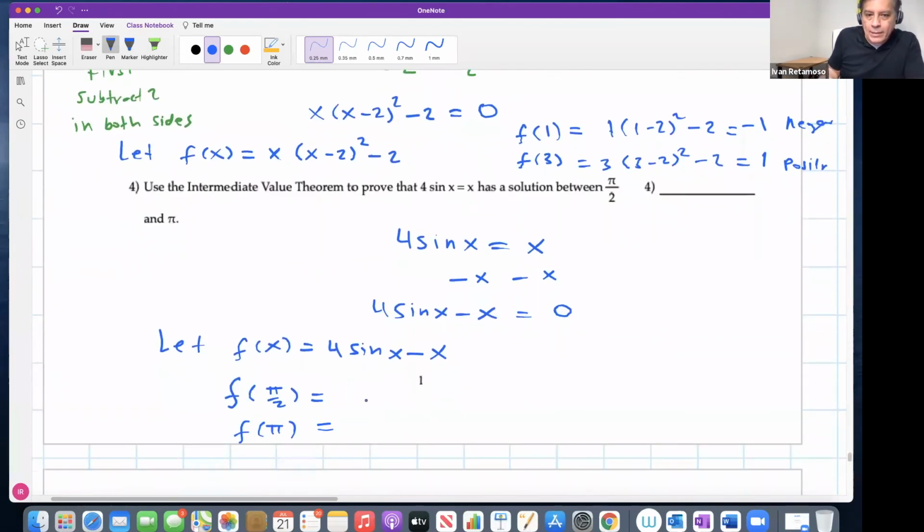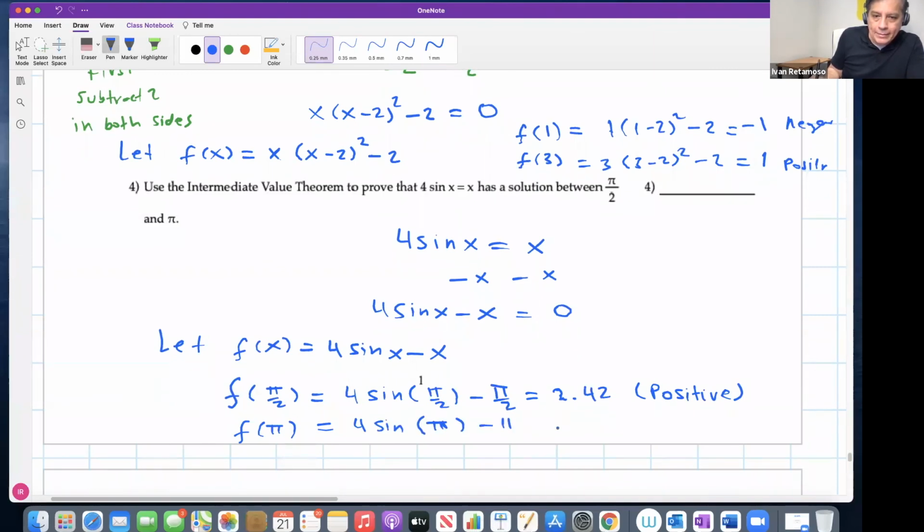The evaluation at pi over 2, believe it or not, guys, gives you 4 times sine of pi over 2 minus pi over 2. This number is a decimal number, 2.42, once you evaluate. But what is important for us here is that it is positive. When you do the evaluation at pi, you are going to get 4 times sine of pi minus pi, which is 3.14 approximately, and you're going to get negative 3.14, negative.